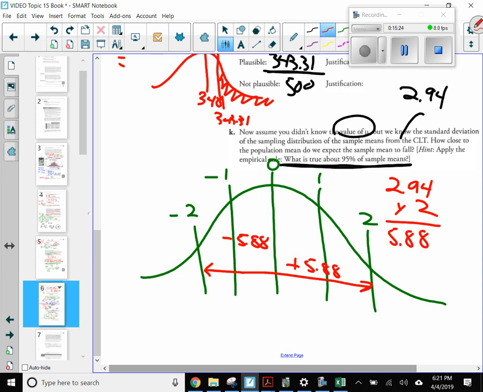And whatever that mu is, that would cover 95% of all the possible values of my sample of 2597, with an n equal to 2597.